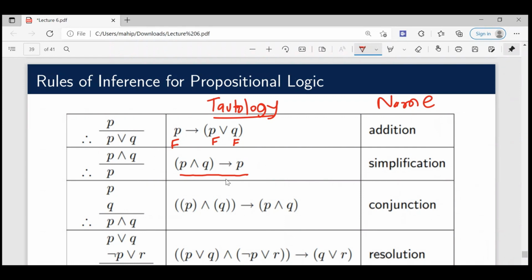Sir, not P disjunction P is coming. Not P disjunction P, which is always true. Or otherwise, we can also argue like this. If we take false here, then it corresponds to false and something. False and something cannot become true. So the TF case is not possible. Therefore, it's always going to be true.